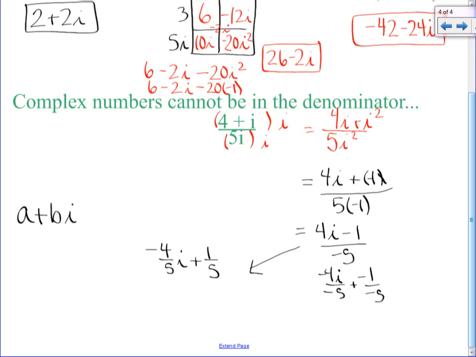Okay, this is kind of the in-between step to get to this point, which is just, hold on, that's not a negative on the top. Okay, so the first one, we just have a negative 4/5 i, and then why did this turn into plus 1/5?